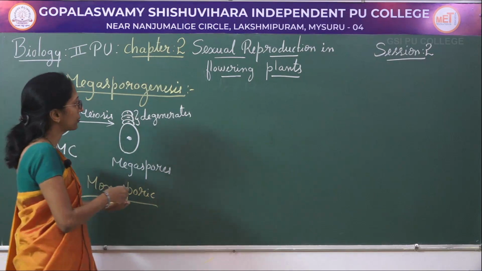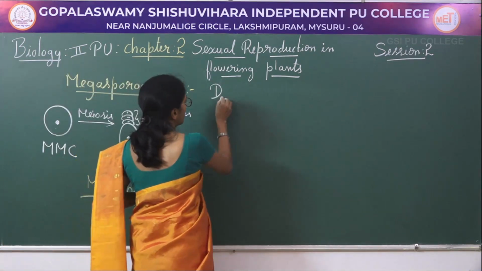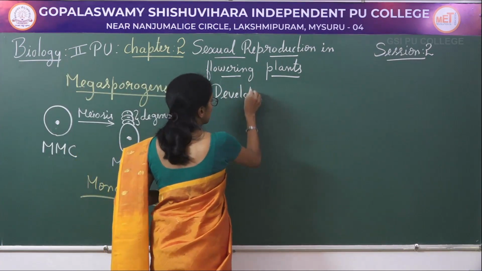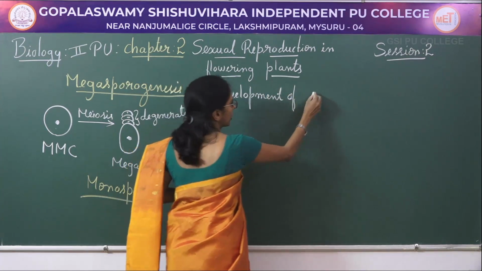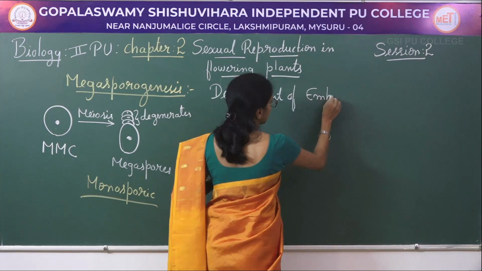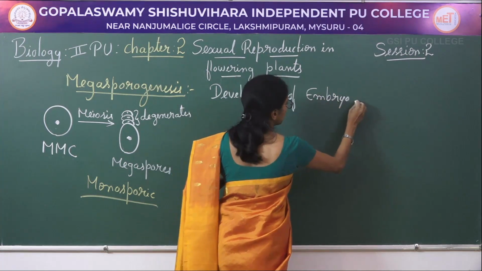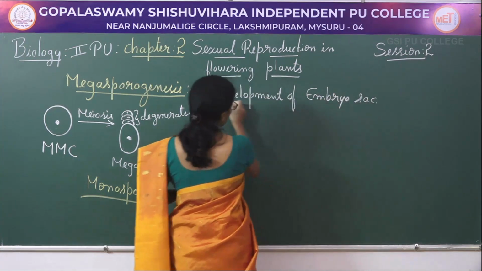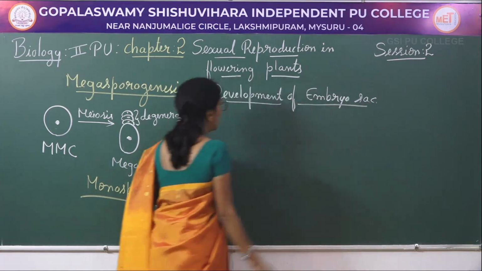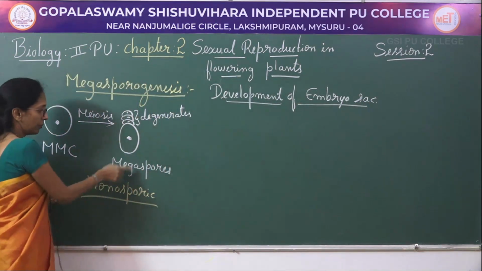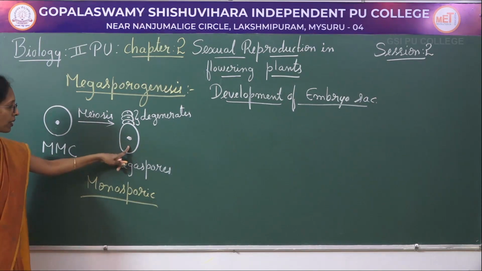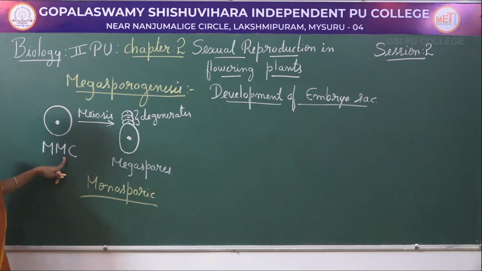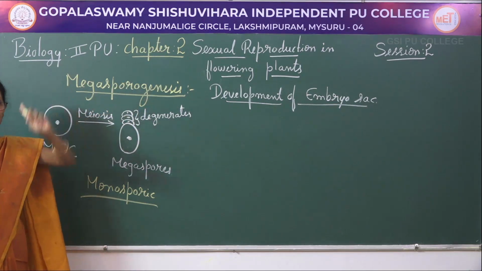Now we will move on to the development of the embryo sac. Just now we understood how there will be a formation of the megaspore. So the synthesis of megaspore from the megaspore mother cell is said to be megasporogenesis.